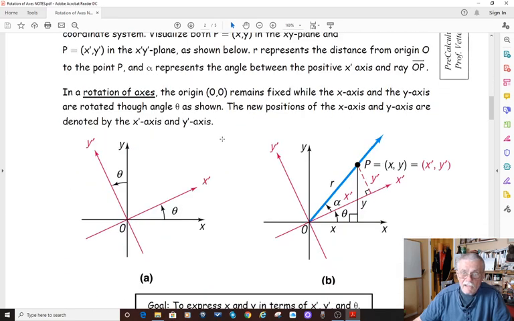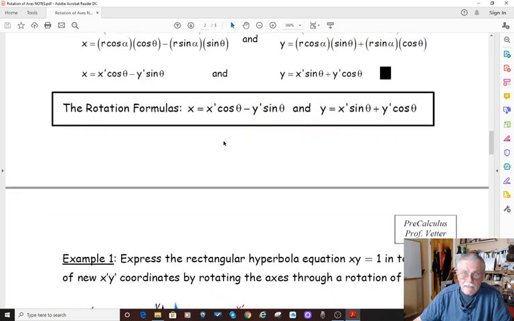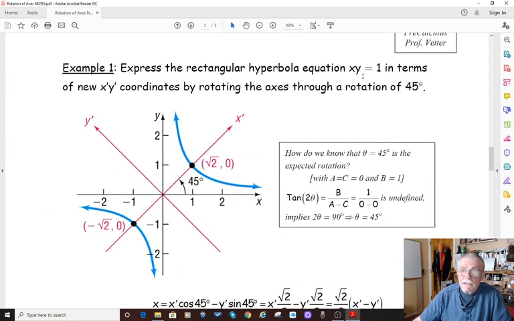Okay, so let's go back here. And in this case, ax squared plus 1xy plus cy squared, and so on. A and c are both 0. And the coefficient of this term would be the b, that's the 1. So using that, I'm plugging into tangent of 2 theta is this formula, which I'm going to prove in a little while.